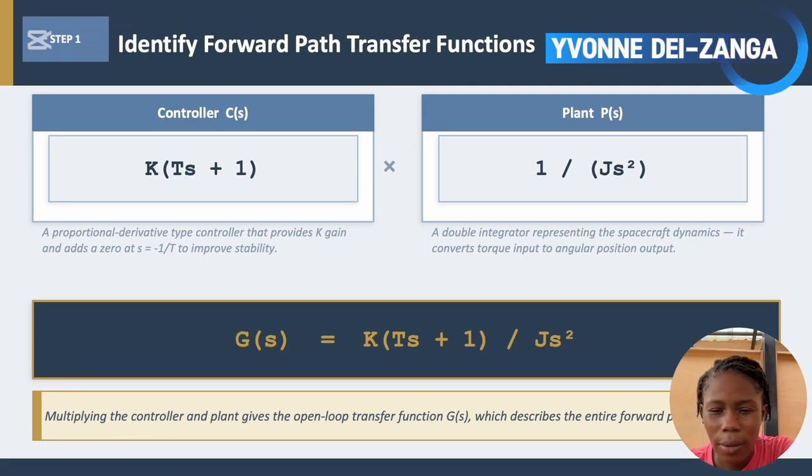The plant converts the torque input to angular position output, and the controller provides the gain and adds a zero at S equal to minus 1/T to improve stability. Multiplying the controller and the plant, we get the forward path transfer function. So G of S is equal to K times (TS plus 1) over JS squared.